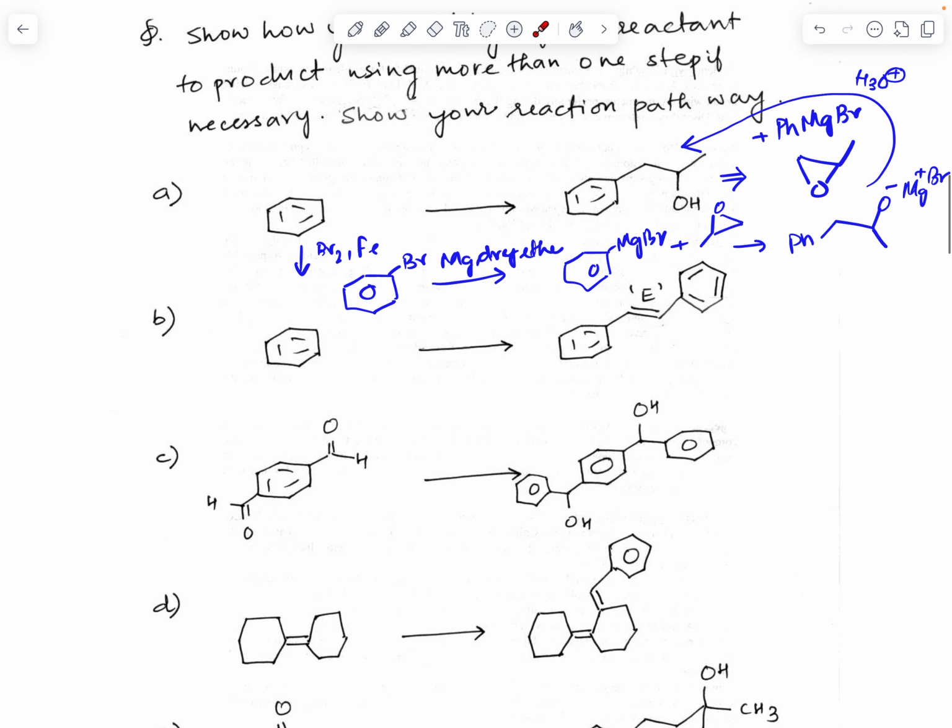in number B, I basically have to go from this to this, and notice carefully out here the stereochemistry is E. Okay. So when the stereochemistry is E, I have to think about, well, how do I go from this one to this one?